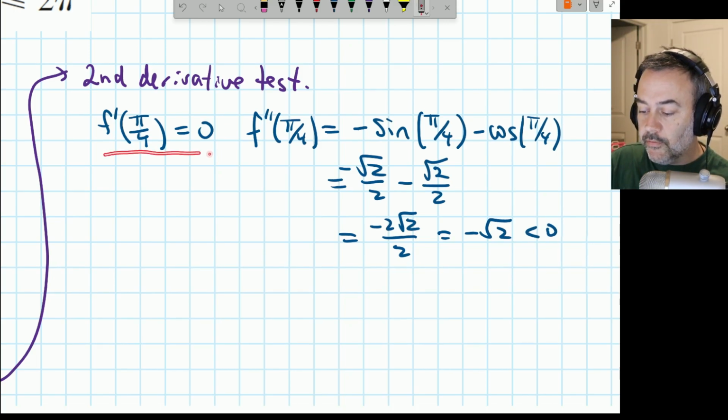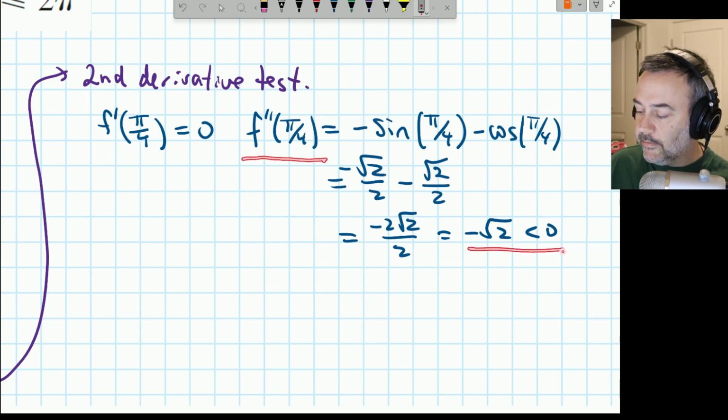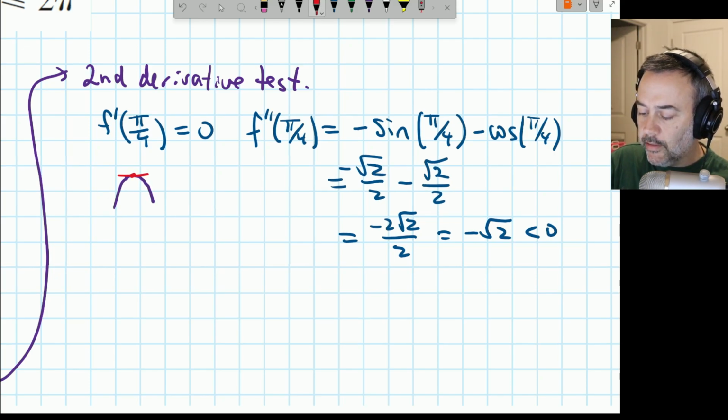When the first derivative is 0 and the second derivative is negative, that means the graph is concave down. And at this critical point, the derivative is 0.